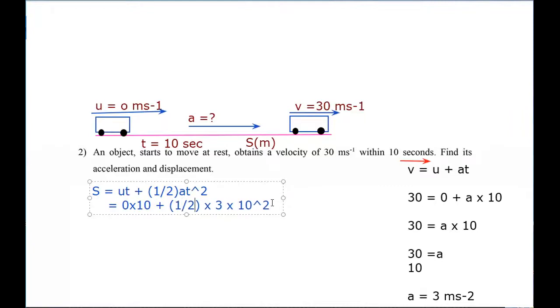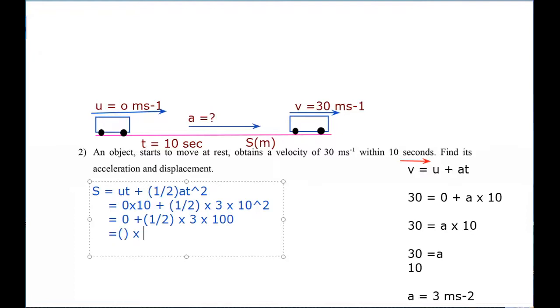I'm not going to do anything to the half, but here you see, 0 into 10 is 0, plus I don't do anything to the half, 3 into square of 10 is 100, right? Square of 10 is 100. And even in the next step, I'll keep half as half.